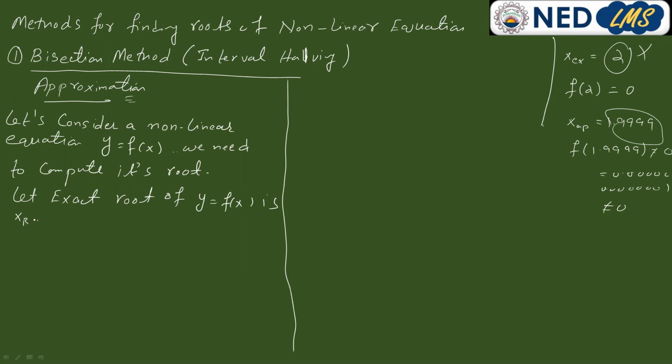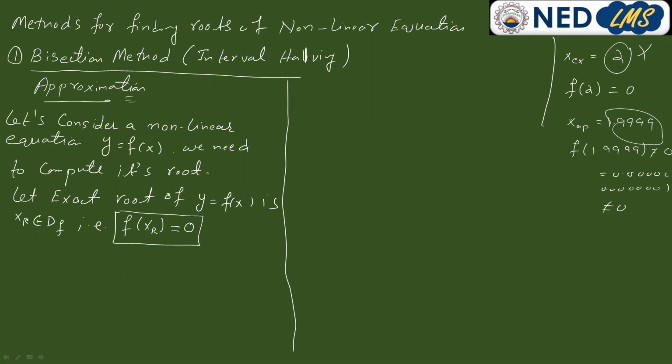Now the question may arise, sir, if you know the exact root, why do we have to learn this method? Okay, it is a derivation. So we are assuming that there exists some number xr which belongs to the domain of this function, whatever this function is, and such that, okay, this is the root. That is, in short, if I replace x with xr in that function, f of xr, the answer must be exactly equal to 0. Okay, so this is our exact root.